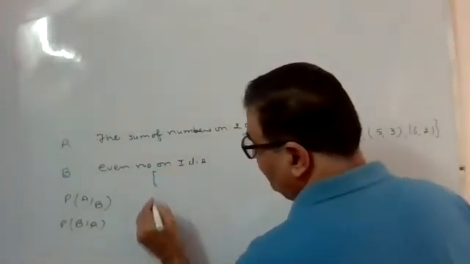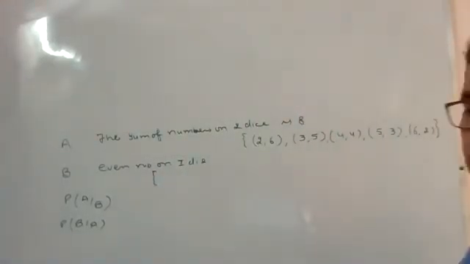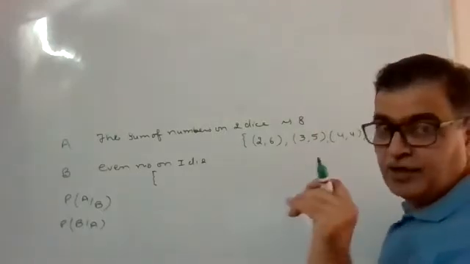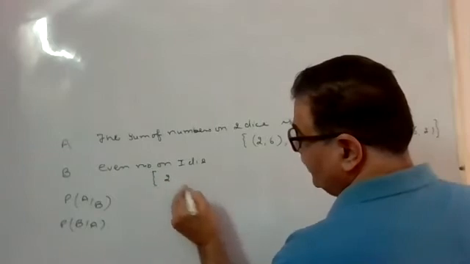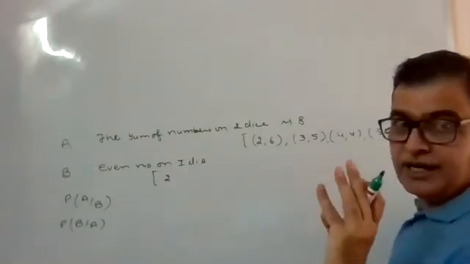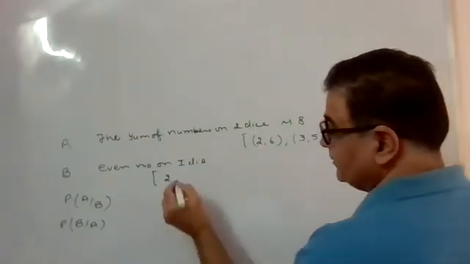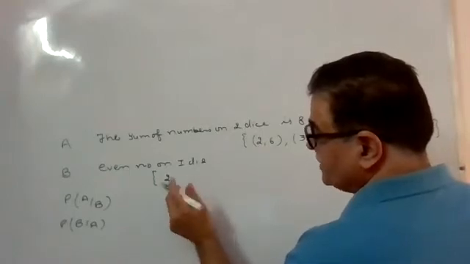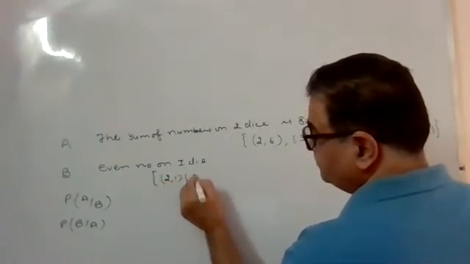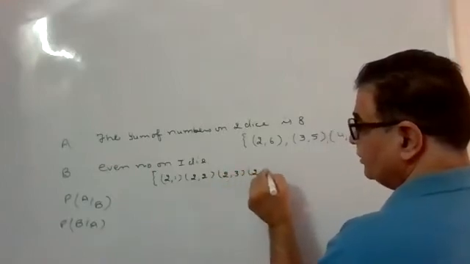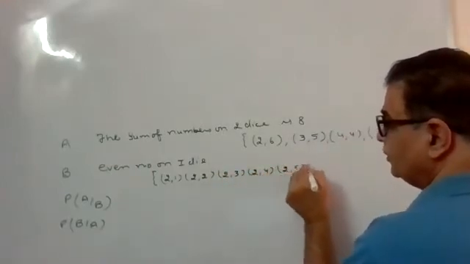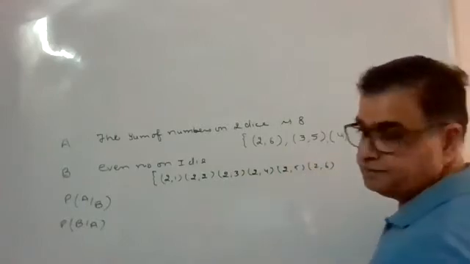यहां कह रहा है इवन नंबर ऑन फर्स्ट डाई. फर्स्ट डाई पे इवन होना चाहिए, बाकी आपका कुछ भी हो. तो इवन नंबर क्या हो सकते हैं? फर्स्ट डाई पे 2 हो सकता है, 4 हो सकता है, 6 हो सकता है. तो केसेस बनाओ. Even number on first die, so it can be 2 1, 2 2, 2 3, 2 4, 2 5, 2 6.